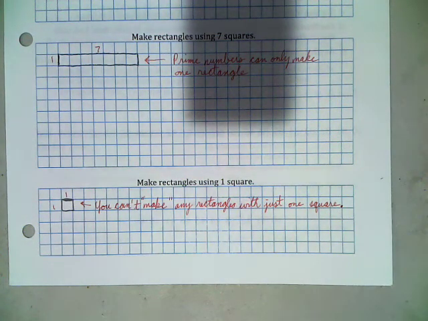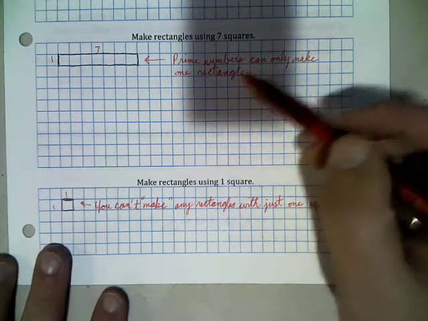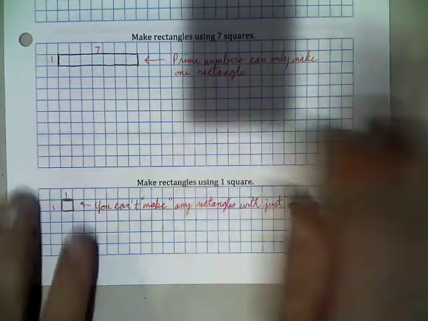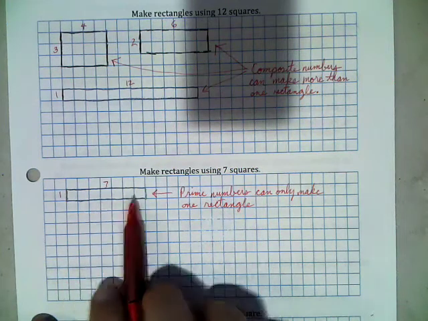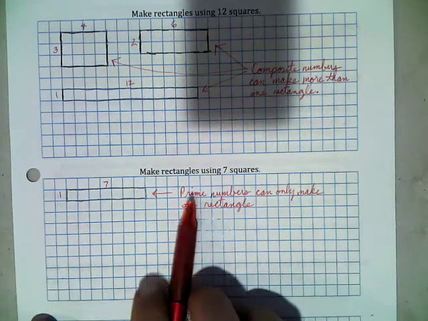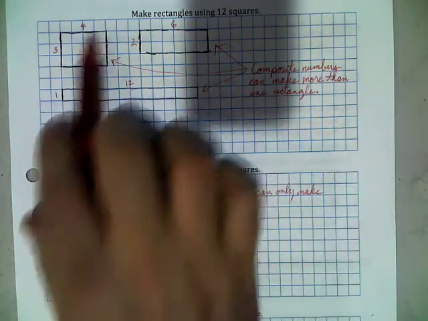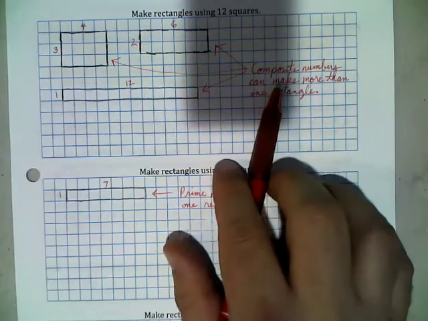Again, yes, it is a rectangle itself, but I'm not making a rectangle, and that's the key idea here. So because of this, I can't make a single rectangle, and obviously I can't make multiple rectangles. Well, if you can't make a single rectangle out of it, one rectangle out of it, it's not prime. And if you can't make multiple rectangles out of it, it's not composite.